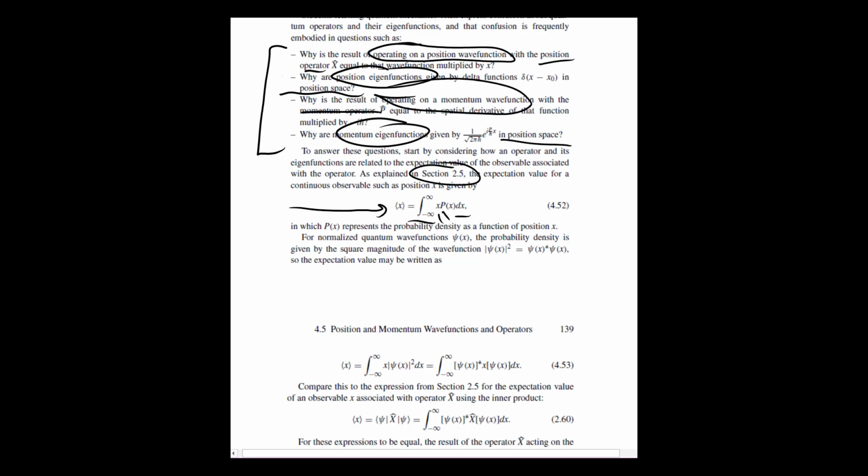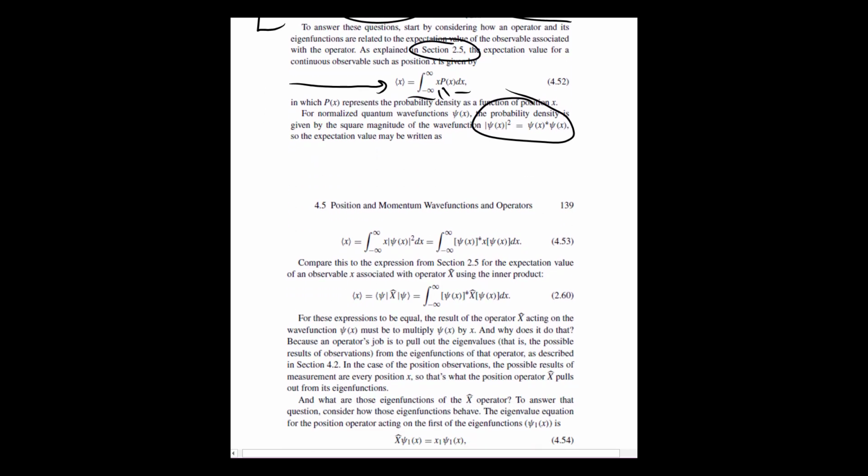We also know that for normalized quantum wave functions, the probability density is given by the square magnitude of the wave function, psi star psi, so we can write the expectation value like this, with the variable x in between the complex conjugate of psi and psi.